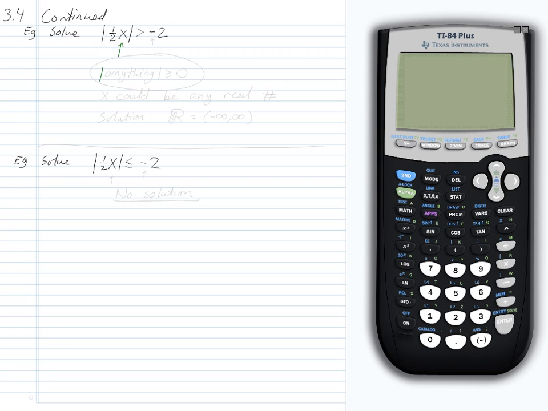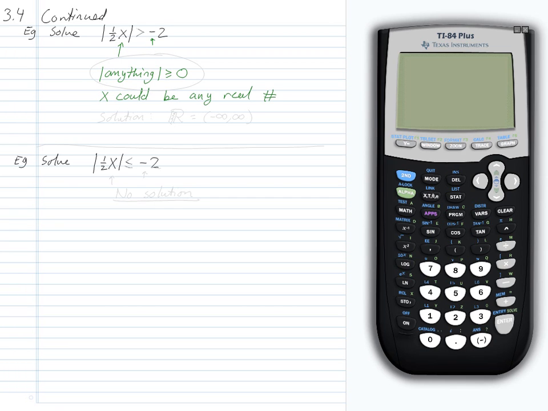Now recall that the absolute value of anything is non-negative. So it really does not matter what we plug in for x. Whatever we plug in, it's definitely going to be greater than negative 2. So I would say that x could be any real number.